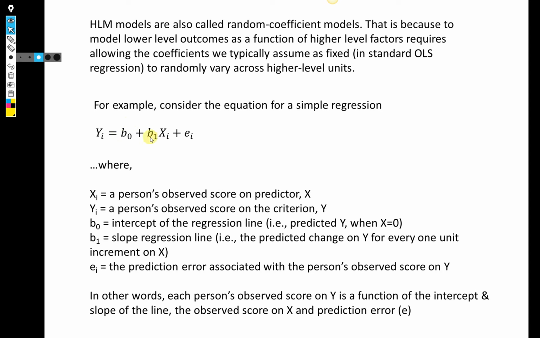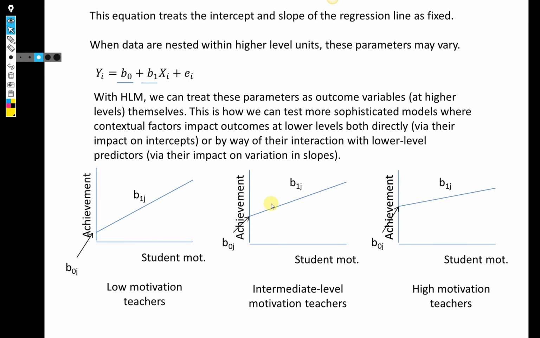So kind of going back to the example with our teachers, low motivation teachers, intermediate and high motivation teachers, and looking at the slopes being depicted by B1, and the J is reflecting the teacher or the classroom at level 2. So you can see we've got random variation in slopes. Theoretically, we would have a larger number of teachers than just 3.